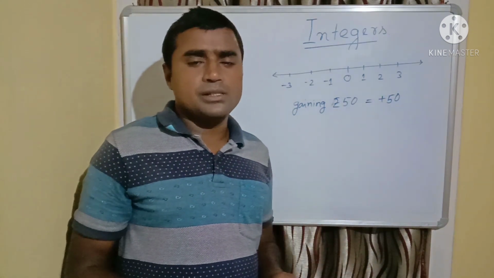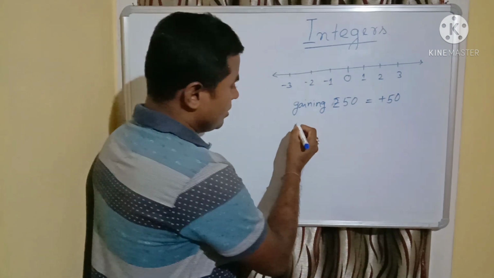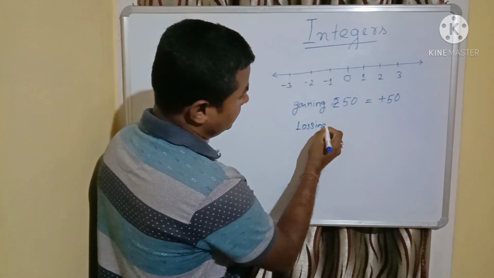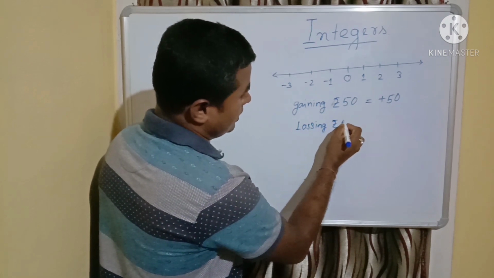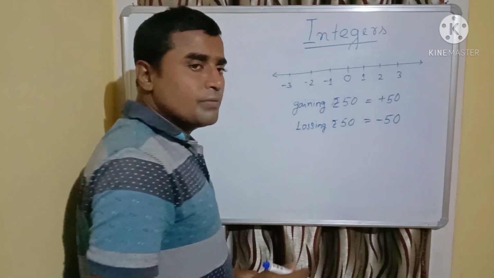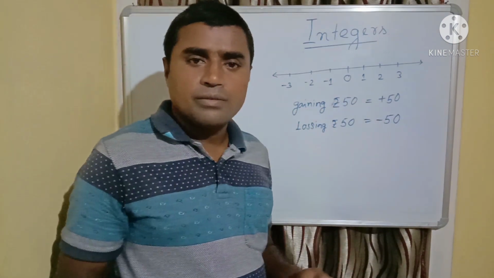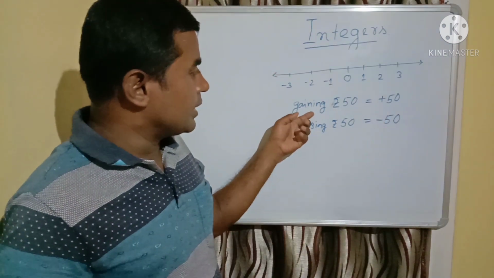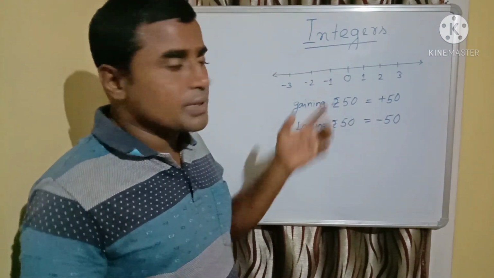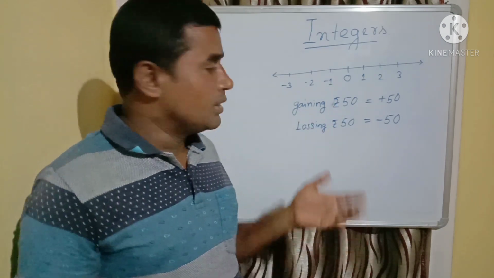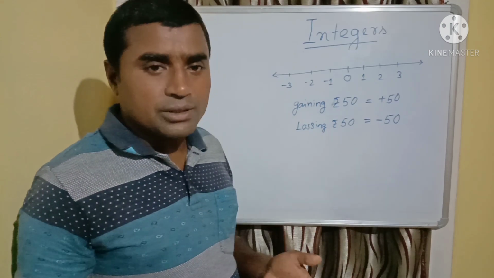Whenever you are losing rupees 50, that is minus 50. Gain is positive. Gaining rupees 100 is plus 100, gaining rupees 1000 is plus 1000.